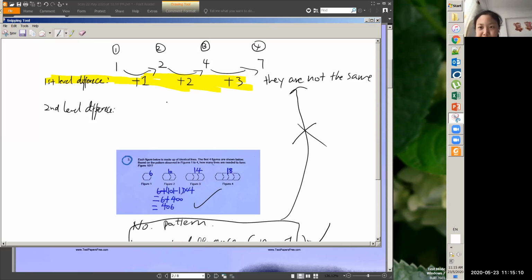Let's continue. The second level difference is: over here is +1, over here is +1. So for this question, the second level difference is the same here.